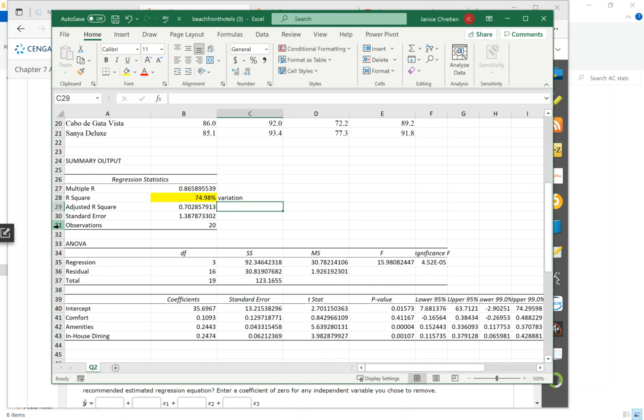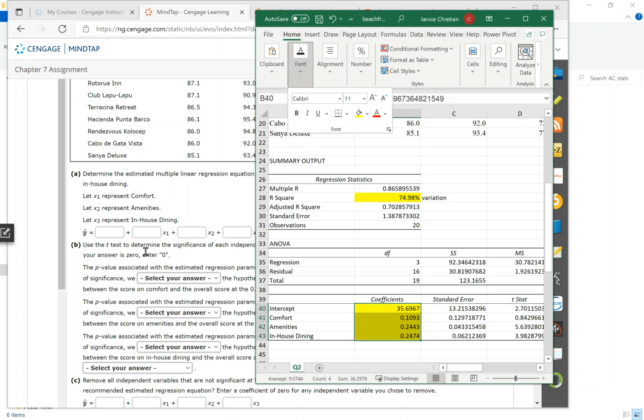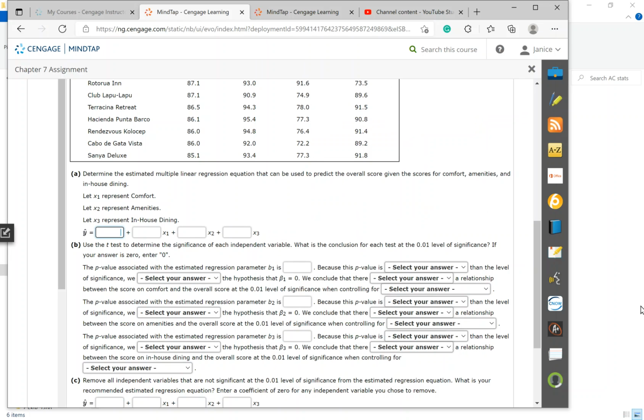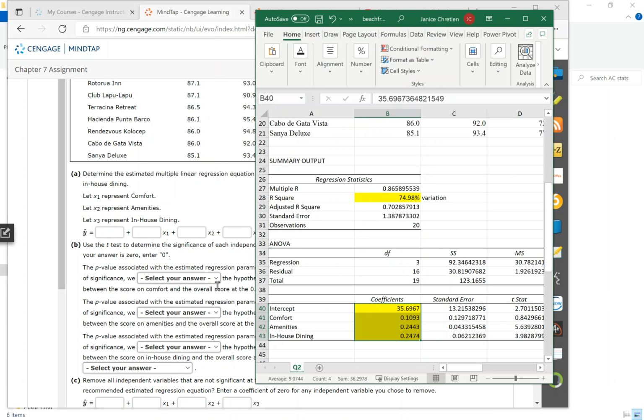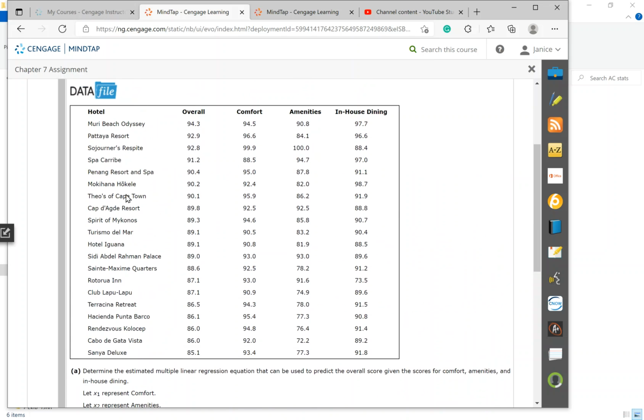Okay, so the first thing it asks me is to create the chart. And I know that my y hat equals my intercept, which is right here. I'm going to use all these values. So I'm going to say 35.697. How many? It didn't tell me how many to go, did it?